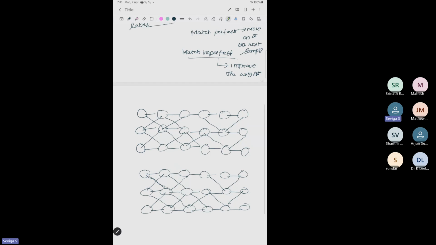This neural network has 6 layers: 1, 2, 3, 4, 5, 6. So it has 6 layers, and every layer has 3 neurons.